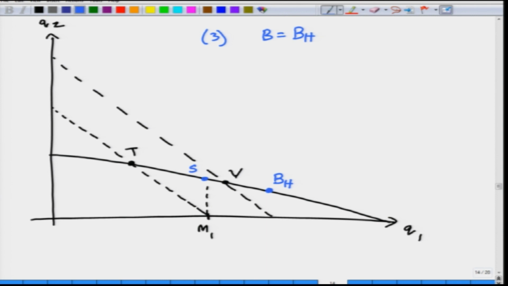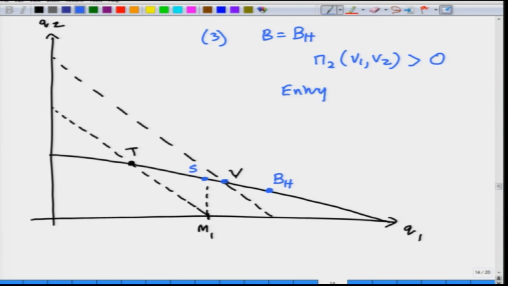Now the entrant's profit is positive at its worst possible Nash equilibrium. In such a case, the incumbent will find it simply profitable to accommodate the entrant and not deter it.